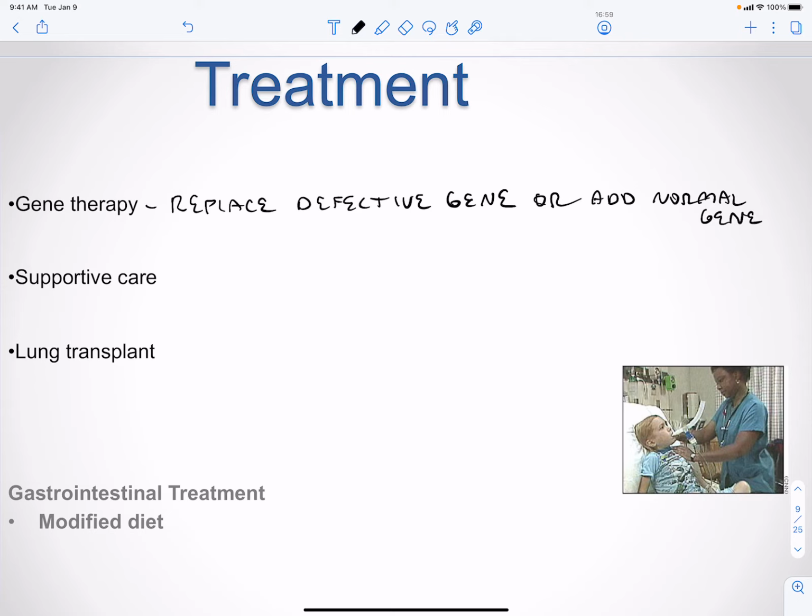Now, of course, gene therapy is not widely used. It was used to treat some patients in the 90s. Some of those patients went on to get cancer because the knock-in led to cancer, a transformation of the cells, and so it was stopped. So one of the major things for treating cystic fibrosis is to control lung infection, so you give supportive care.